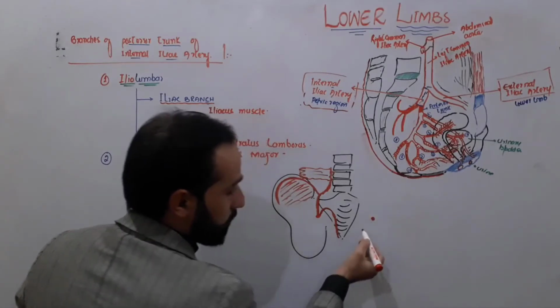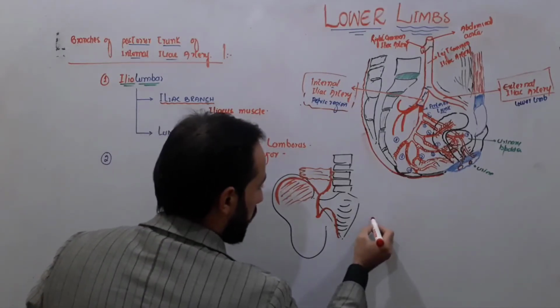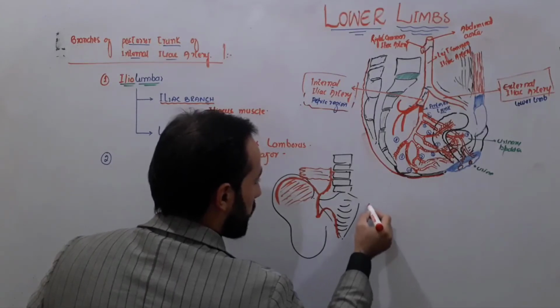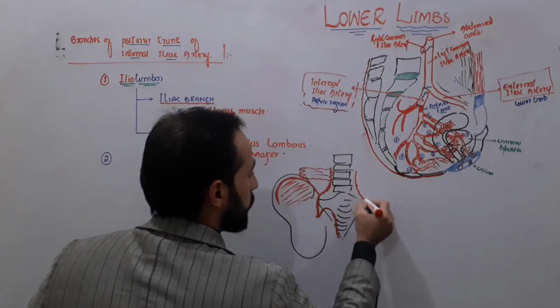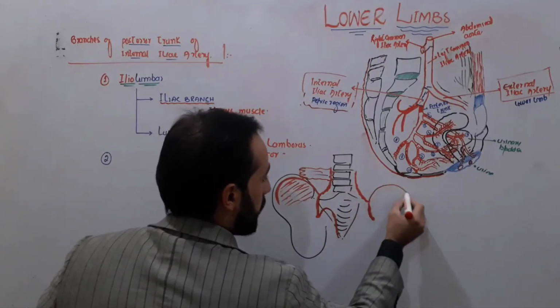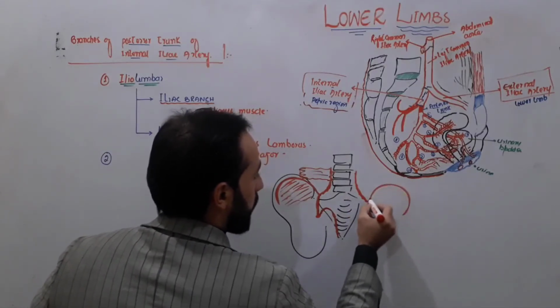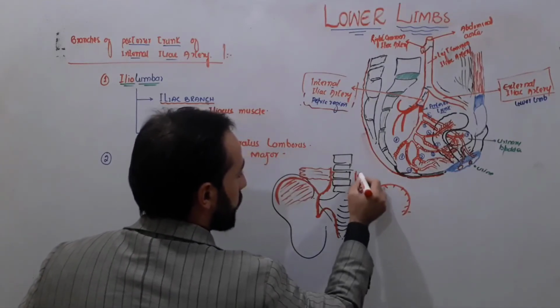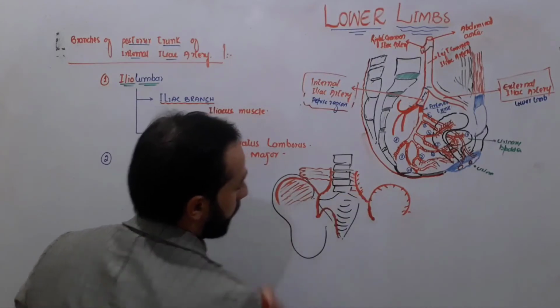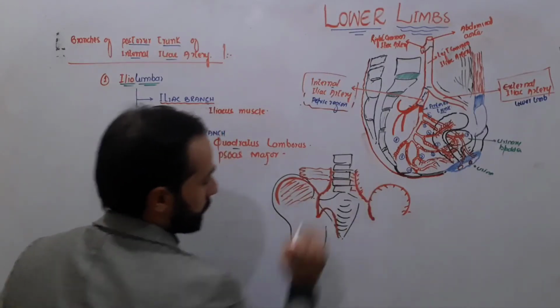This is the point for the posterior trunk, and it gives off a branch like this. This is our iliolumbar branch. So this is its lumbar branch, and this will be its iliac branch. This will supply the iliacus muscle, and this will supply the quadratus lumborum and the psoas major muscle, right?